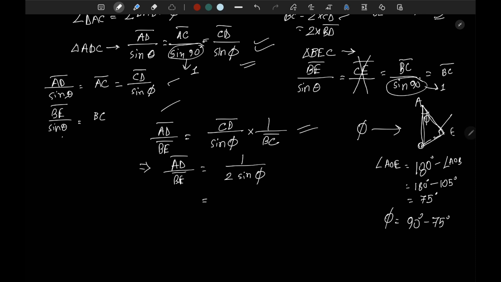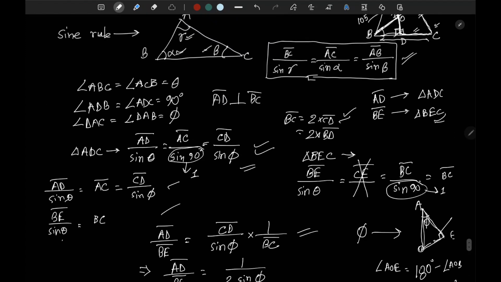So that means phi plus angle AOE is equal to 90 degree. And among them, we already know that angle AOE is 75 degree. That means your phi has to be 90 degree minus 75 degree, which is 15 degree. Okay. So here we have what? 1 by 2 sine 15 degree.